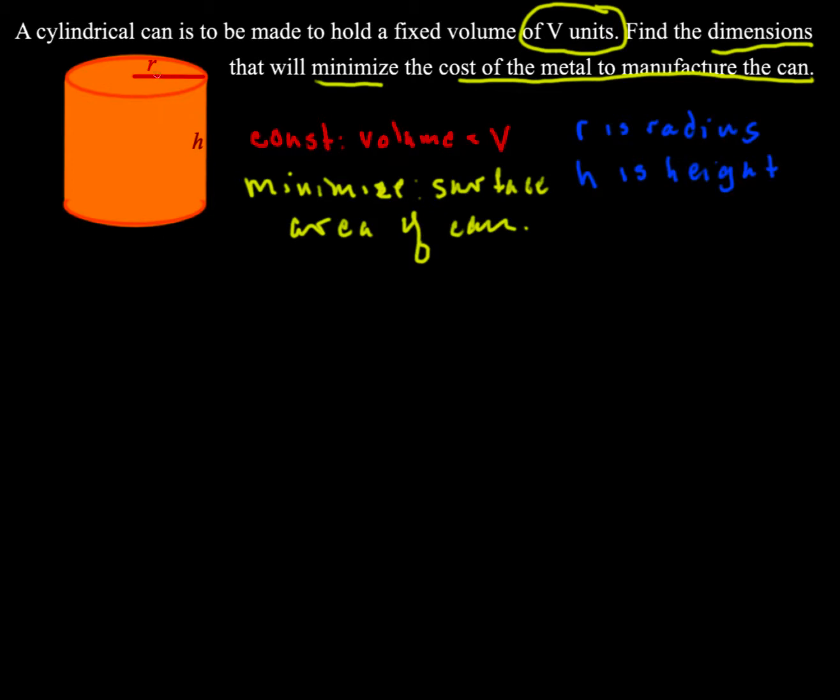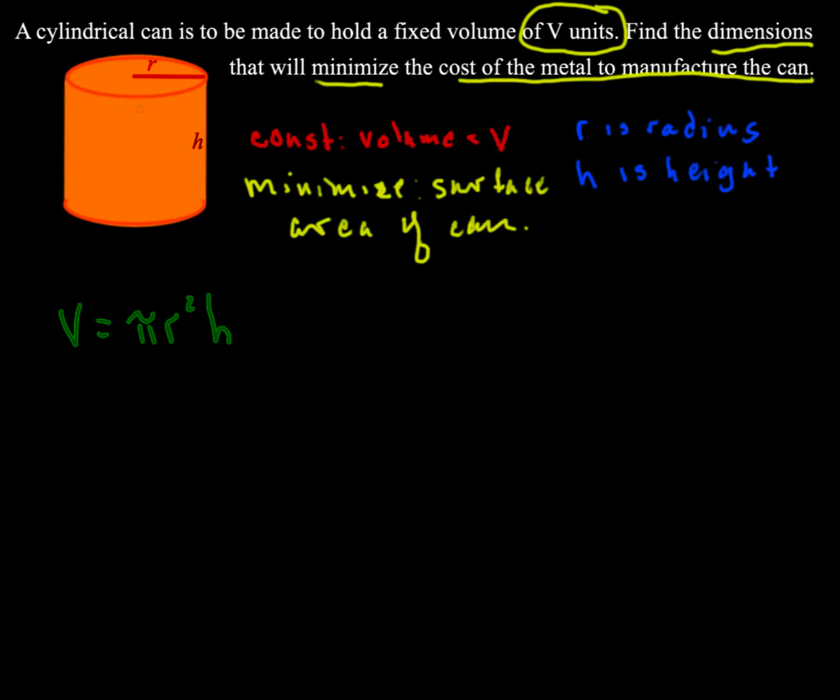And the area of a circle of radius r is pi r squared. So the volume is pi r squared times the height. That's going to be our constraint, because volume is not a variable, it's a constant. So pi r squared h has to be some fixed number V.